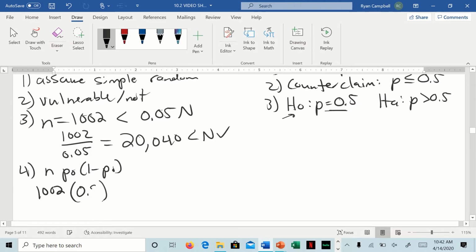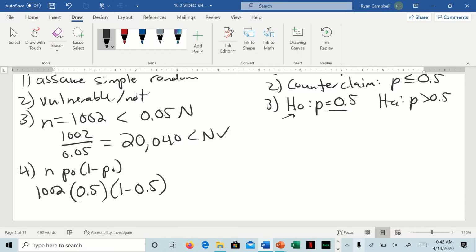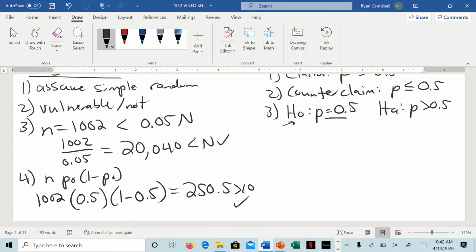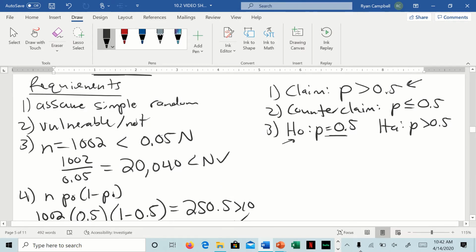So P naught is going to be 0.5, 1 minus 0.5. When we do all that, we should get 150.5, which is definitely bigger than 10. All right, so we can continue our problem, it meets all the requirements.